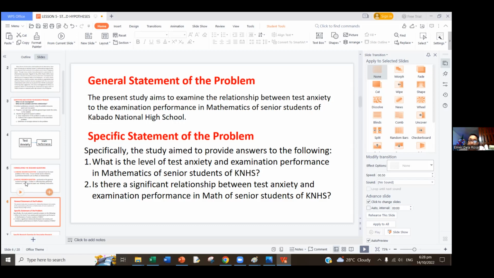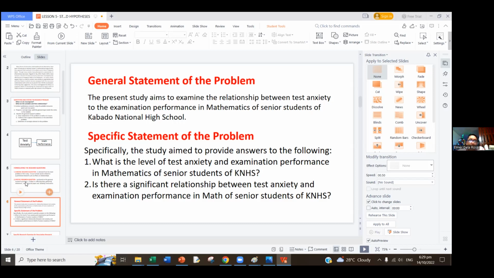So in other words, with this statement of the problem, we need to measure two variables. The level of test anxiety and their exam performance, and then the statistics to be done is to correlate them and find out if there exists a significant correlation. At nakalagay din dyan kung sino ang ating sample, senior students ng Cabado National High School.